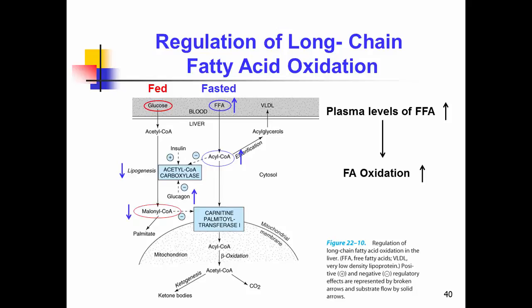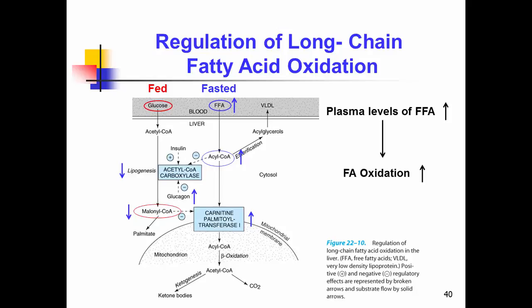So because of lower ACC levels, we have lower malonyl-CoA levels. And this inhibition will be gone, right? If we don't have much malonyl-CoA, then CPT1 will not be inhibited, so that under fasting condition, the CPT1 activity will be highly increased.